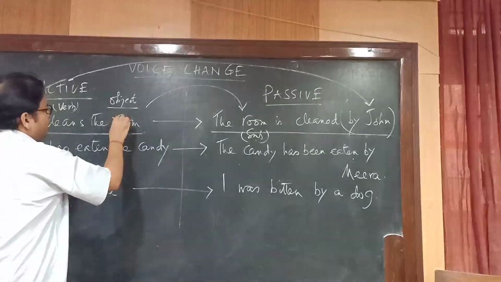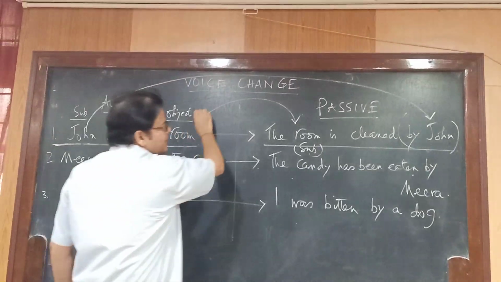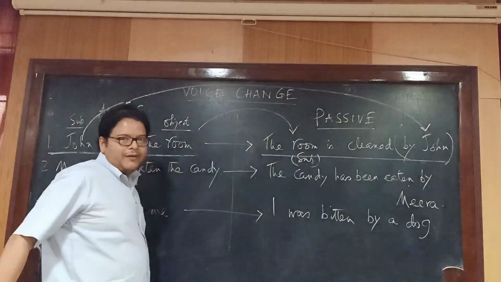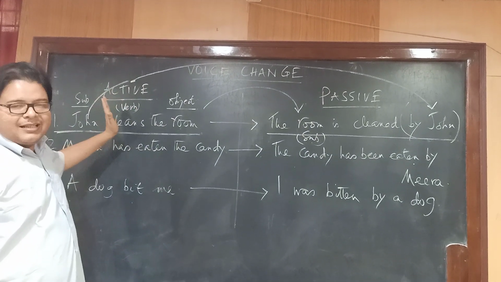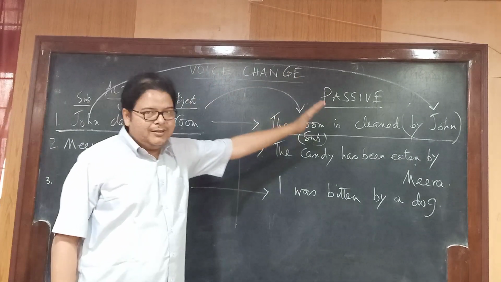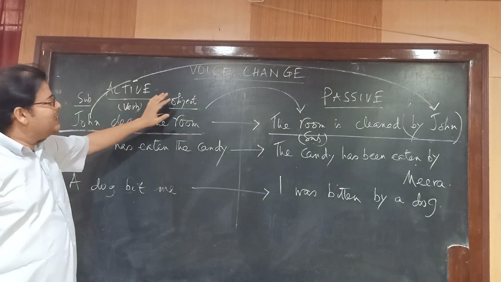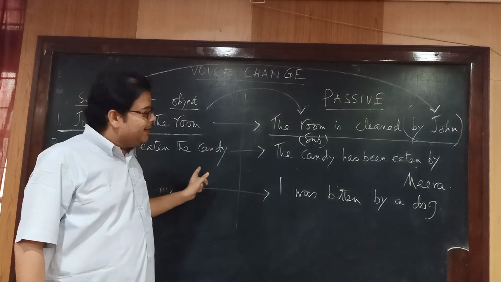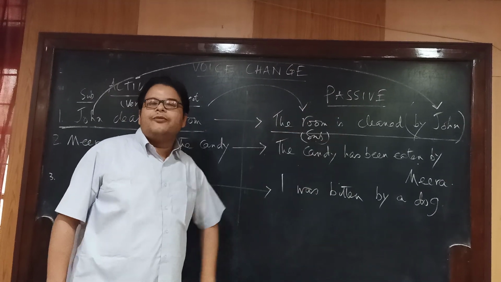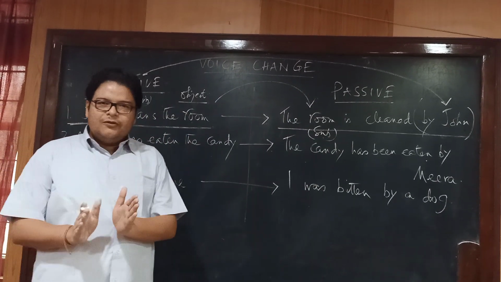We have made the object of the active voice sentence the subject of the passive voice sentence. So in order to change an active voice sentence into a passive voice sentence, you have to first identify the object and then make that object the subject of the passive voice sentence. I hope I have not confused you.